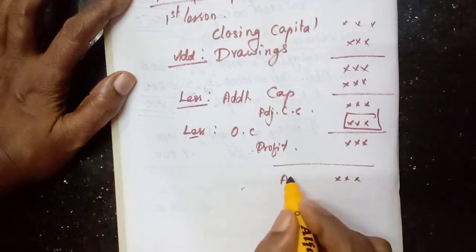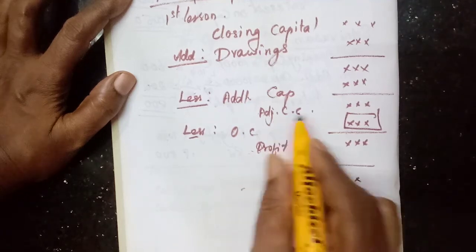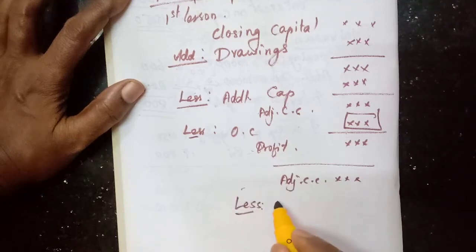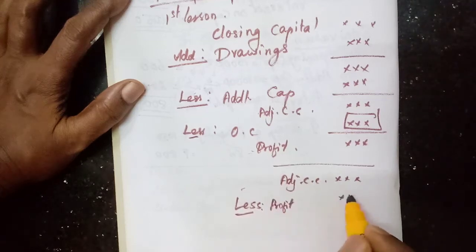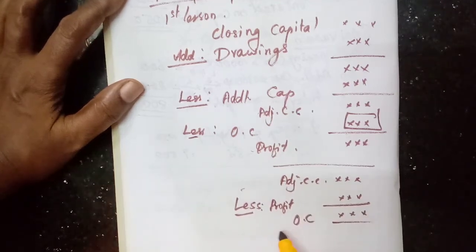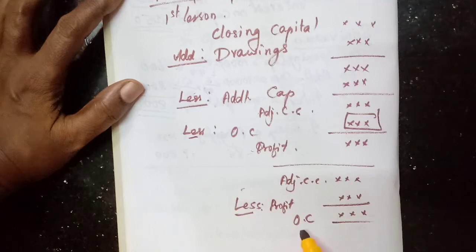From that, again you have to deduct the profit, and we will get the opening capital. Okay, if you reduce the profit, we will get the opening capital.